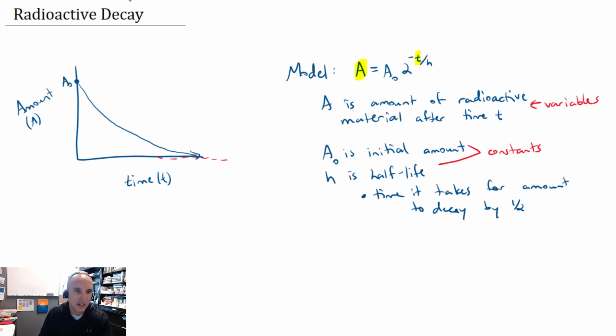H is, all right, if I've got A naught, how long does it take for A naught to be cut in half? And we can map it over here, and we can see that this amount of time here is the half-life. So every time that amount of time elapses, the amount should cut in half again. So half-life is the amount of time it takes for the amount to decay by 1/2.